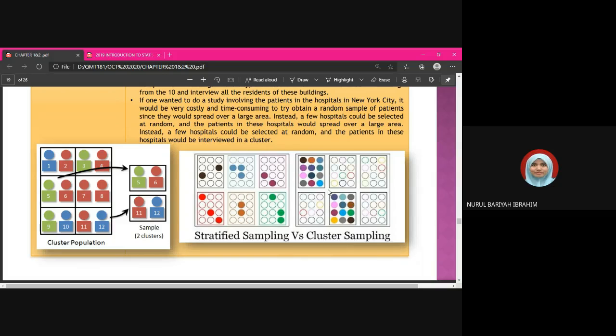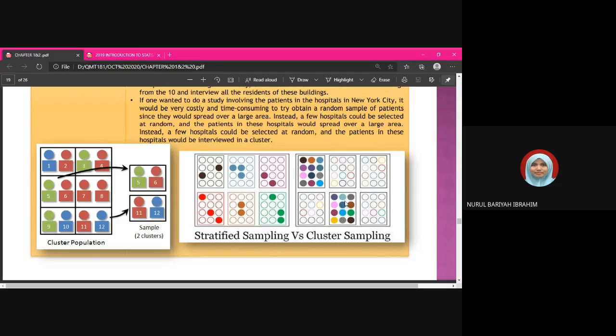So usually if our population is small, we can use stratified. And if our population is large, dia punya geographical area to large, dan susah nak dapatkan respondent. So we will use cluster sampling technique. Okay, so macam mana nak pilih daripada 6 ni, nak pilih 2 sahaja cluster.